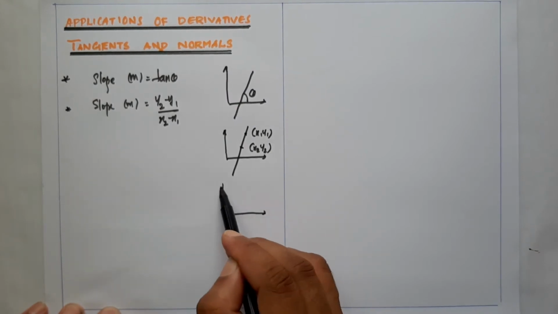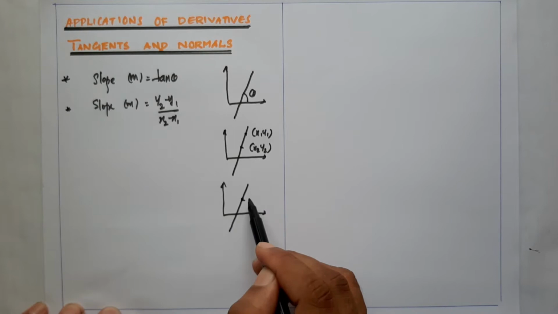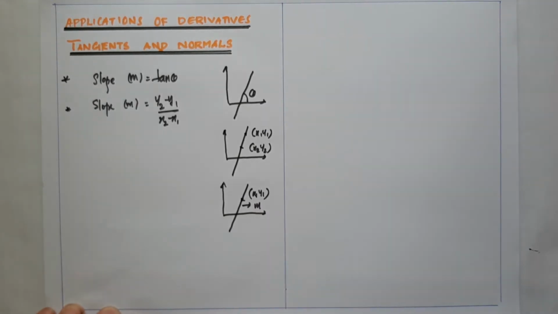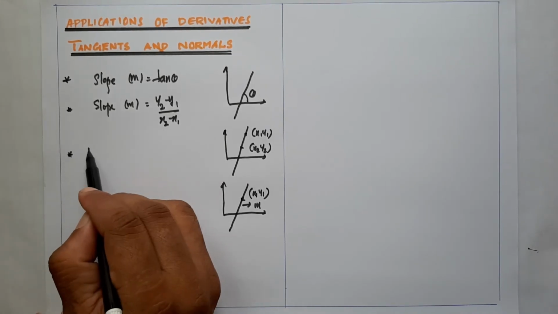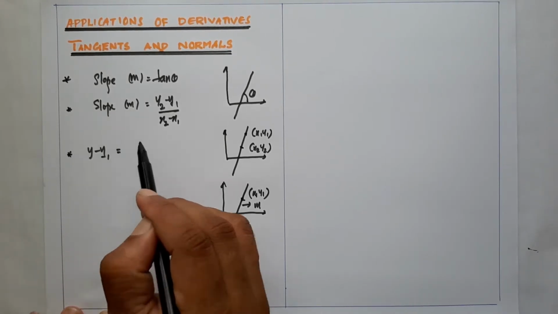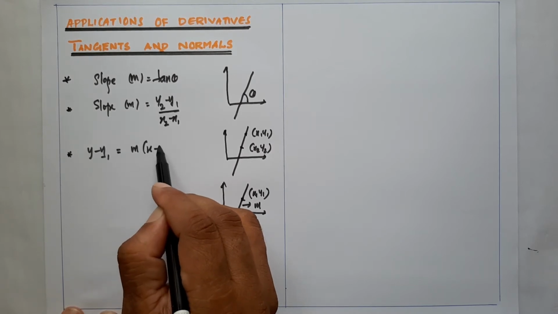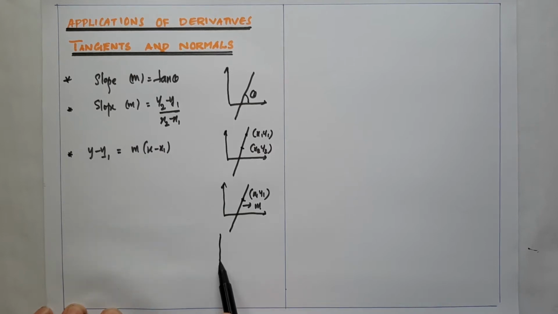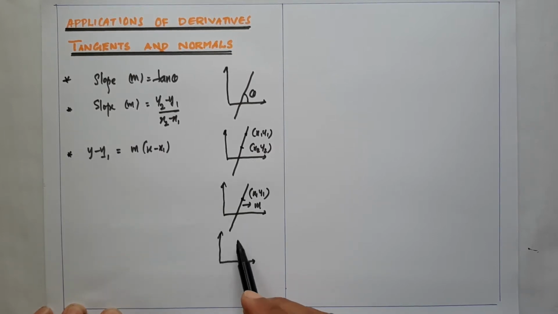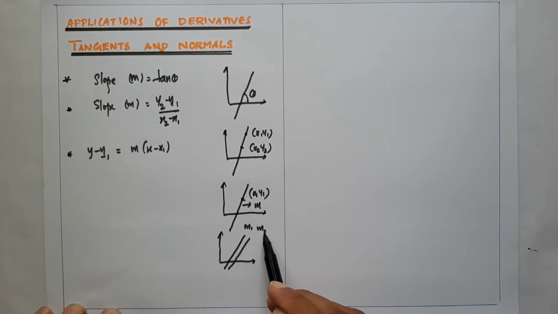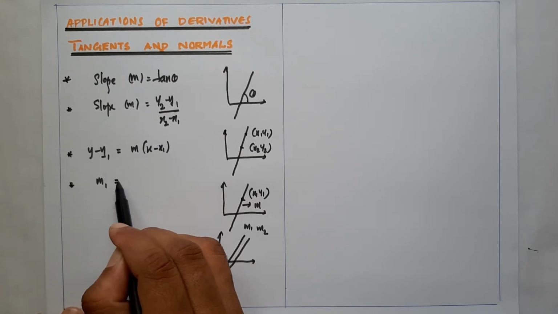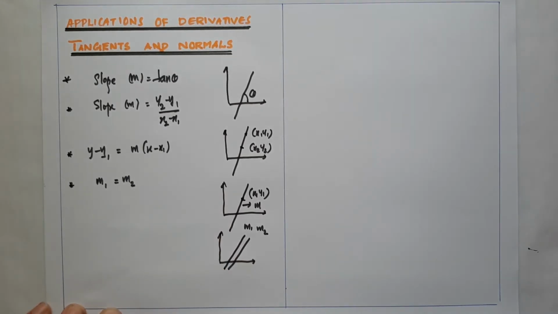A line passes through a fixed point x1 y1 and has slope m, then the equation of that line is y minus y1 is equal to m into x minus x1. If two lines are parallel, with slopes m1 and m2, then the condition for parallelism is m1 is equal to m2.